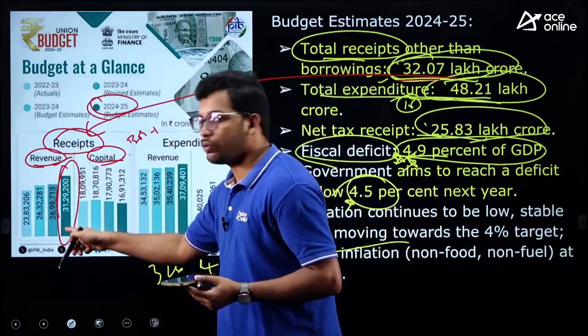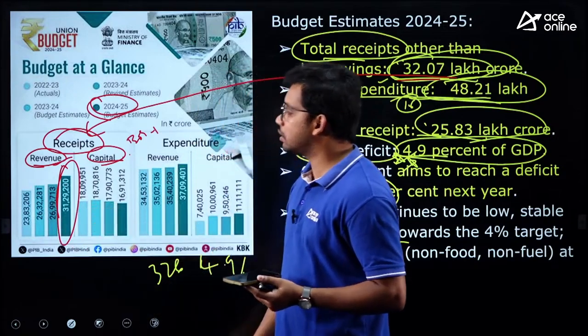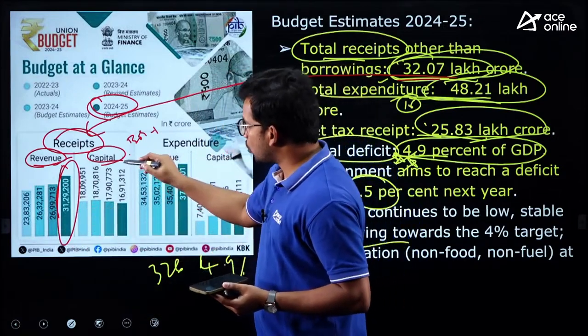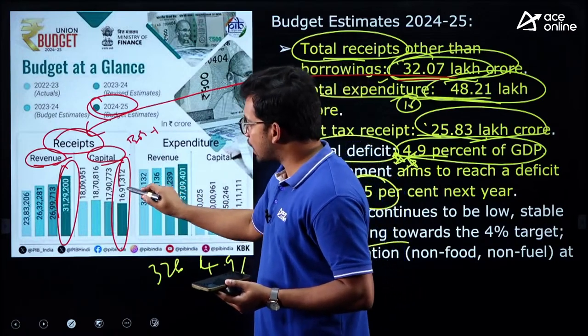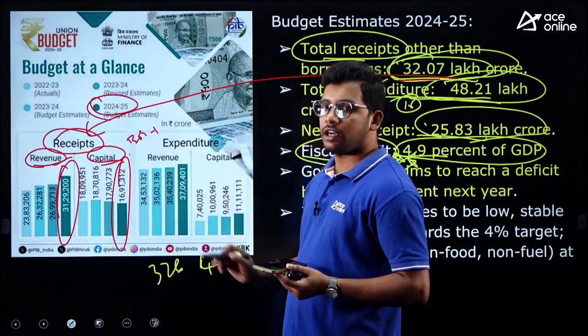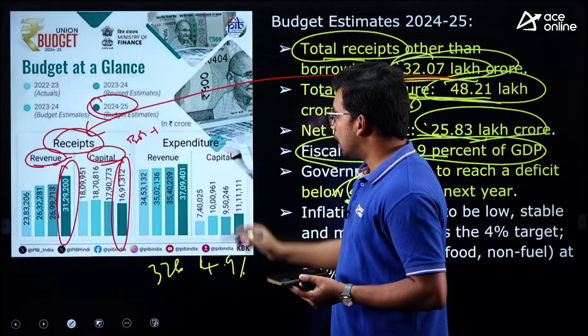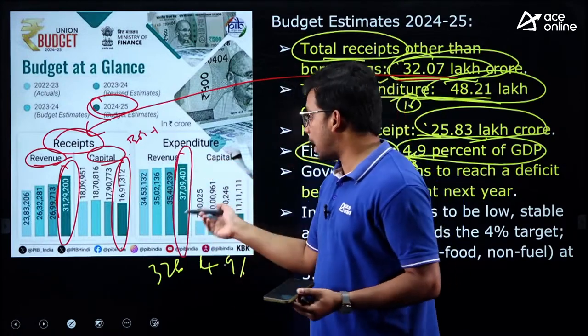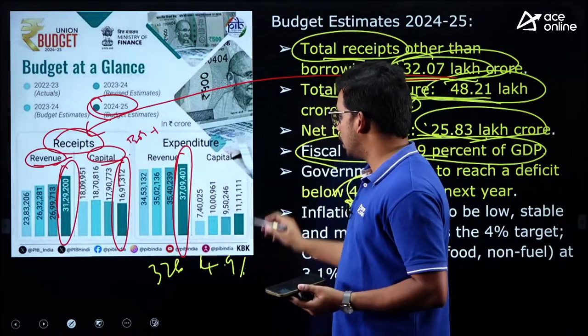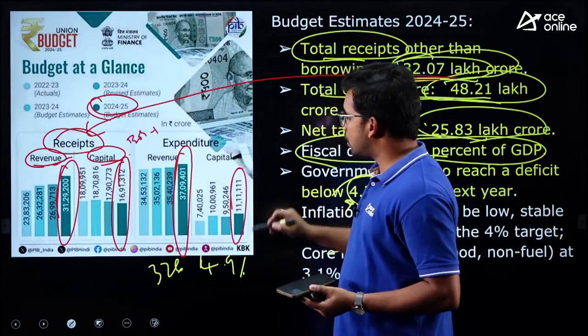So total revenue receipts is 31,29,200 crores, and the total capital receipts is 16,97,312 crores, right. The revenue expenditure is more, which is a bad thing, 37 lakh crores, and capital expenditure is 11 lakh.